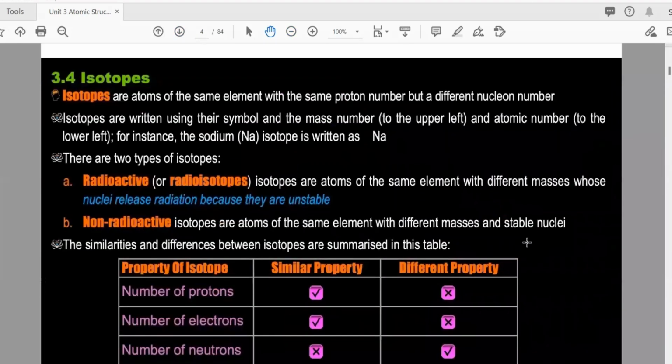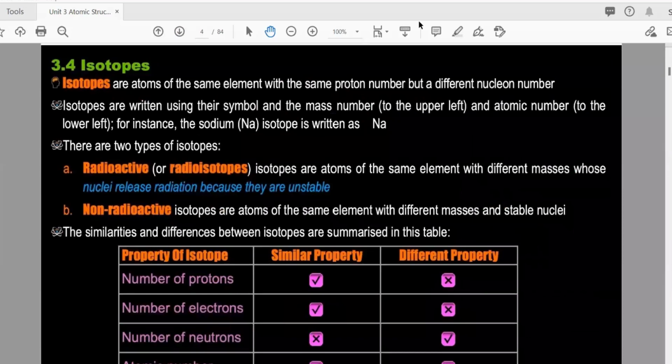That is isotopes. We have just discussed that isotopes are atoms of the same element. They have the same proton number, but different mass number.